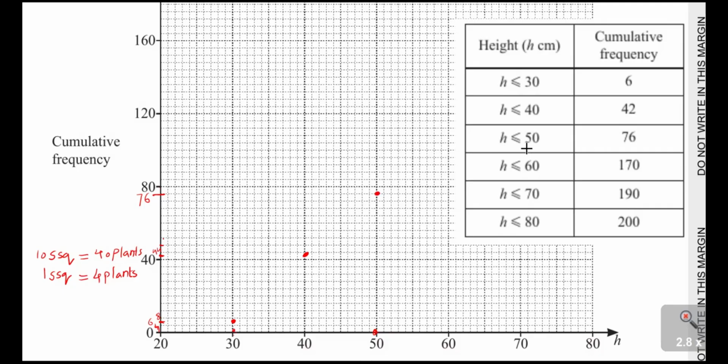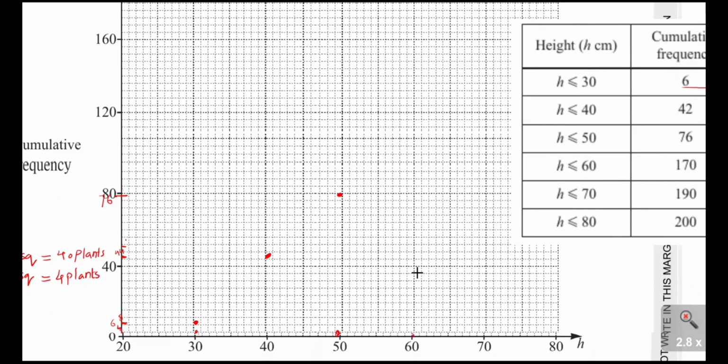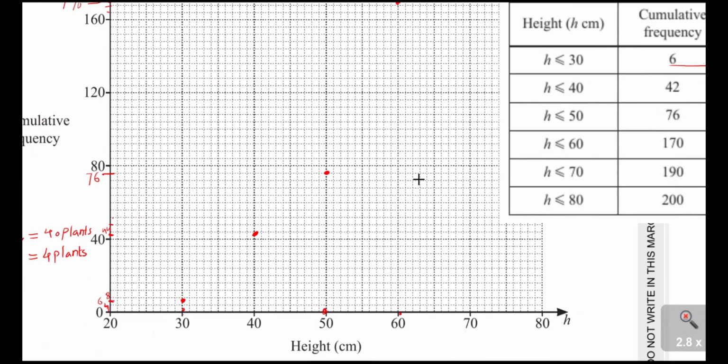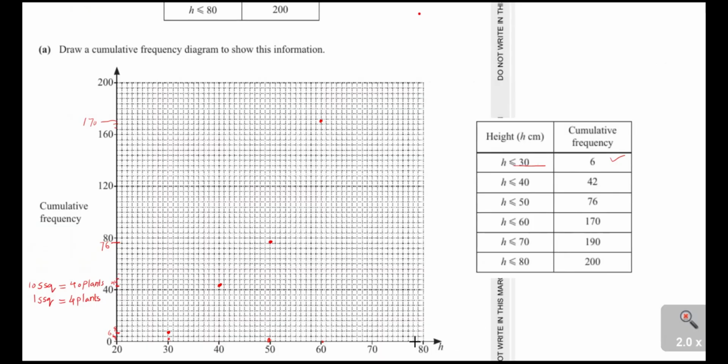Next value here is 60 and 170. Look here, this is position 60 and 170. This position is 160, next 164, 168, and the middle of the value would be 170. The next value here is 70 and cumulative frequency is 190. Look here, this is position 70.